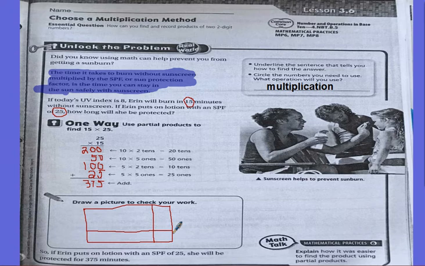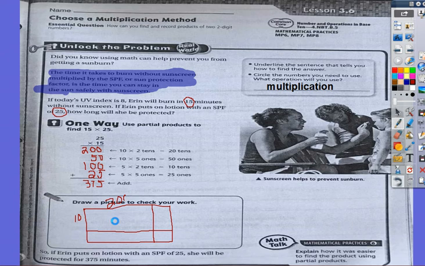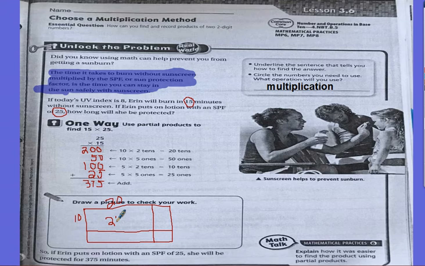Alright, so my first step was 10 times 20, so I'm going to put 10 times 20 up here. My answer is going to be 200. You can use a box to help if you want. Then I did 10 times 5 ones, so I'm going to put the 5 up here, 10 times 5 ones, which was 50.